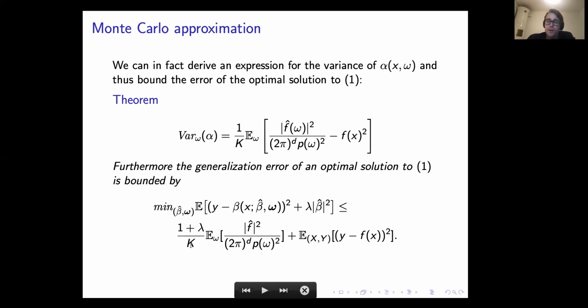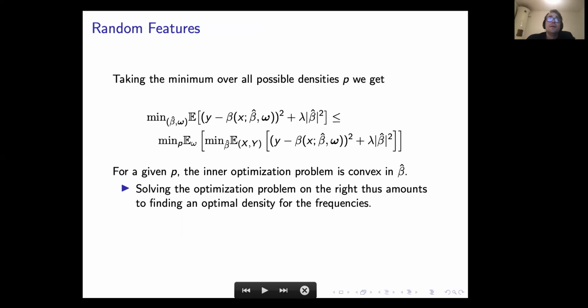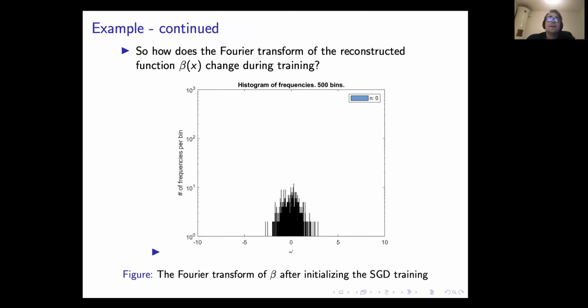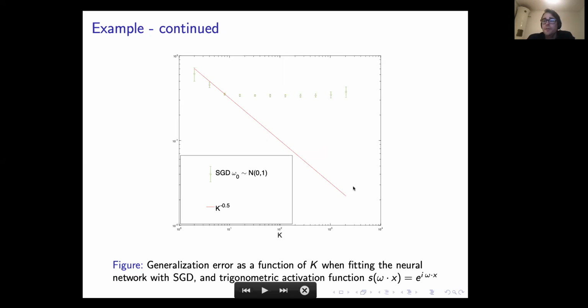If you remember the line here, this is the convergence you would expect to see if indeed you have 1 over k as part of the bound for your generalization error. So really we want to get something that sort of follows the red line here.